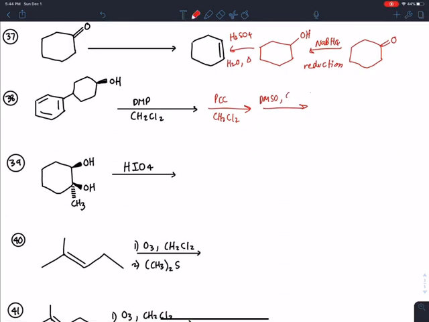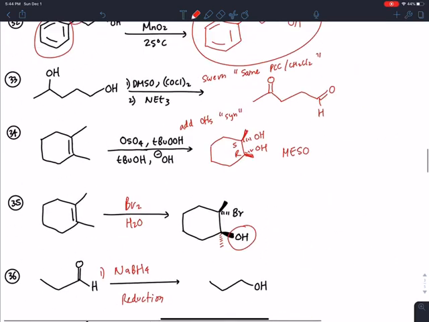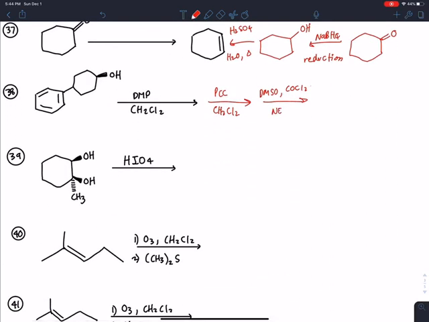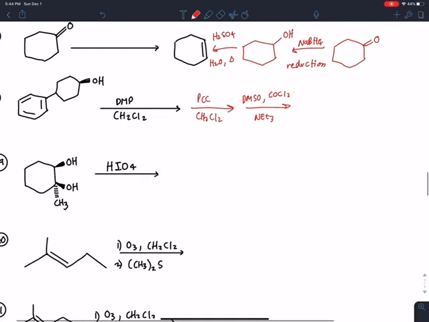So here, let's write COCl2 over NEt3, triethylamine. So all 3 of these do exactly the same thing, and they just oxidize an alcohol. In our case, our final answer will be the benzene doesn't get affected. Only the alcohol gets turned into a ketone, like that.